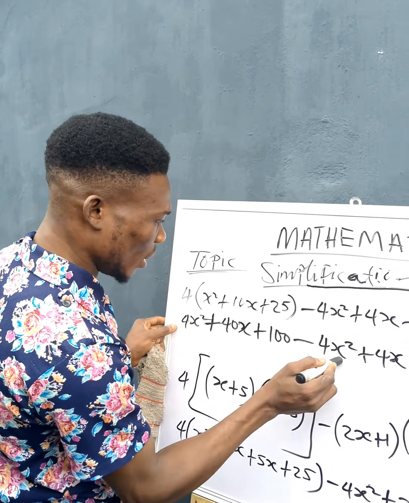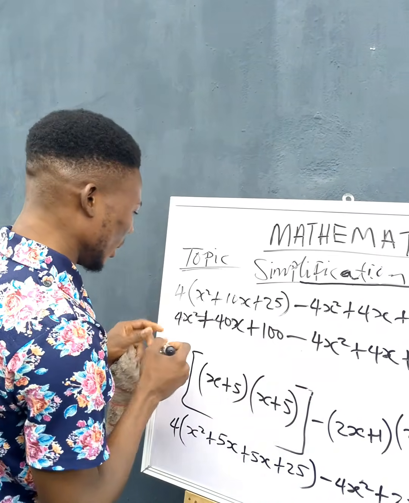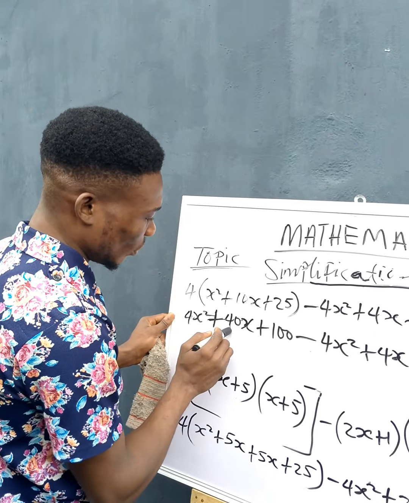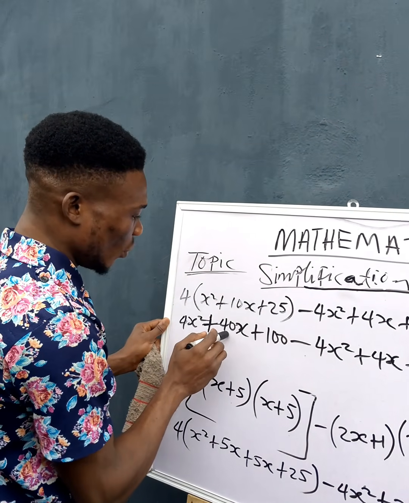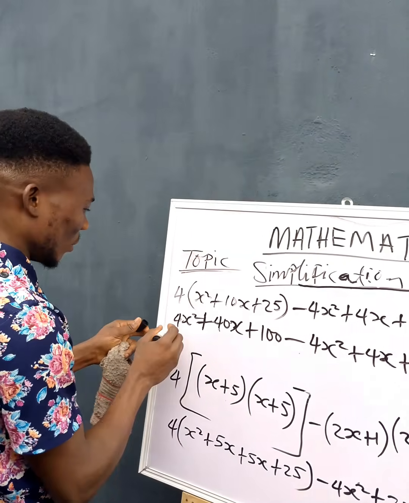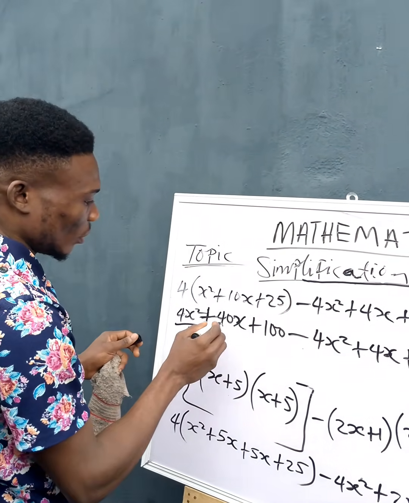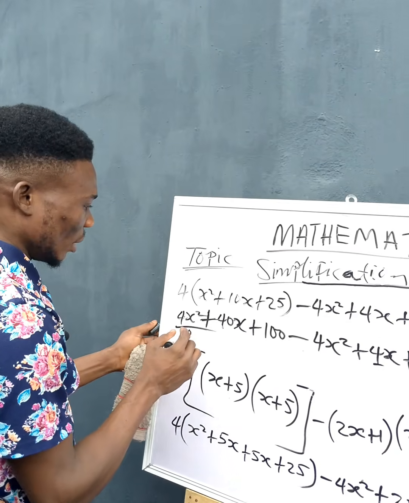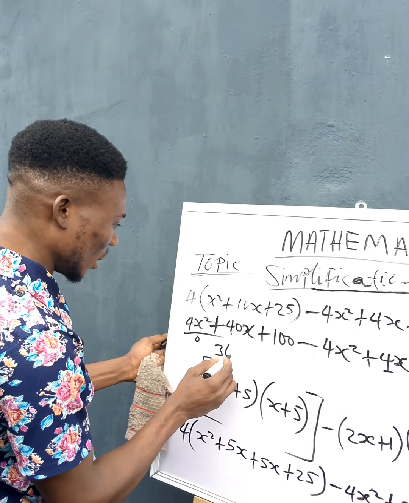Here now is going to minus this because this is the minus sign. Minus this. You have 0 for that side. Minus 4x, because here now is 0. This minus 4x because they are like terms. Then we have 36x.